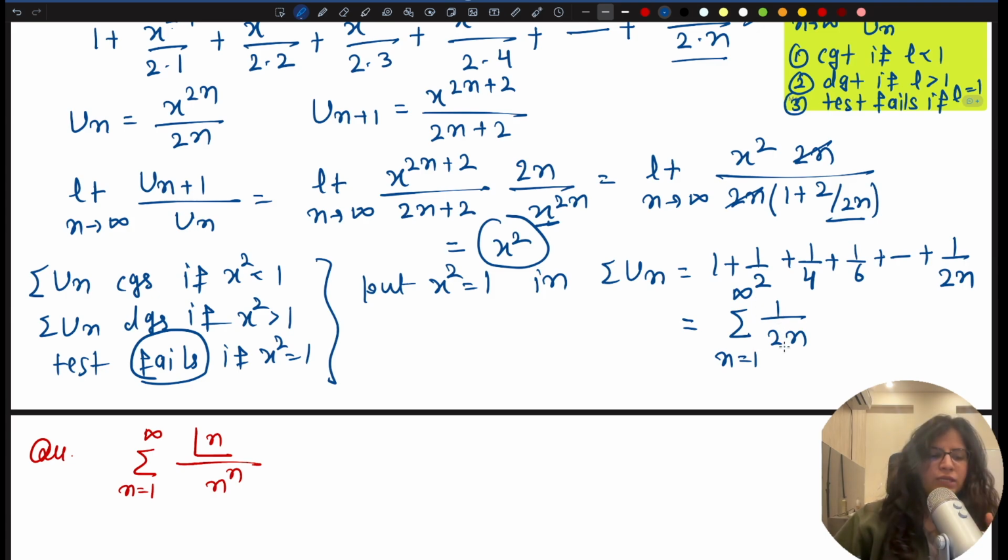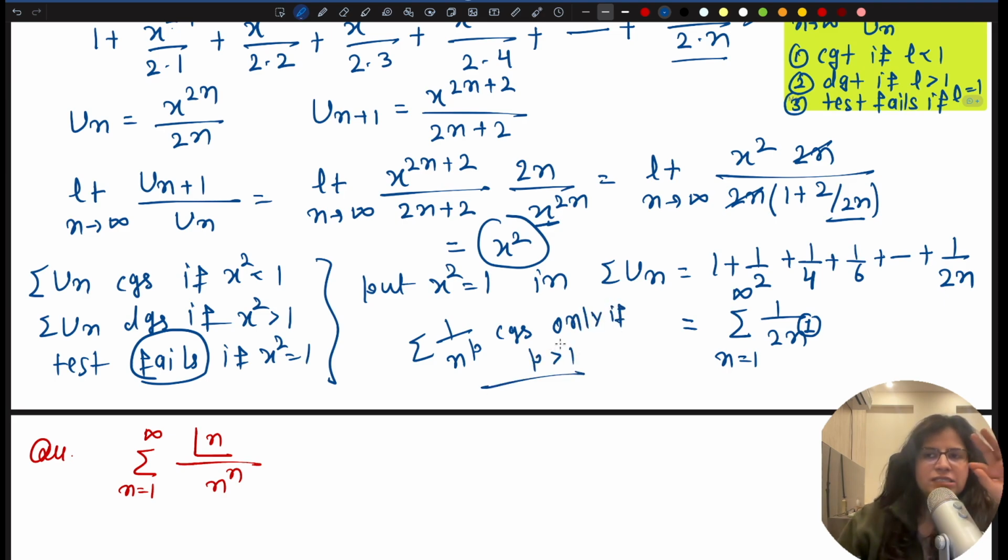Now you tell me, is this series convergent or divergent? Because this is based on p test now, है ना. तो p test के according, as per p test, n की power यहाँ पर क्या है, 1 है. And I told you that 1/n to the power p converges only if p is greater than 1. अगर p greater than 1 है तभी ये converge करती है, otherwise it diverges.